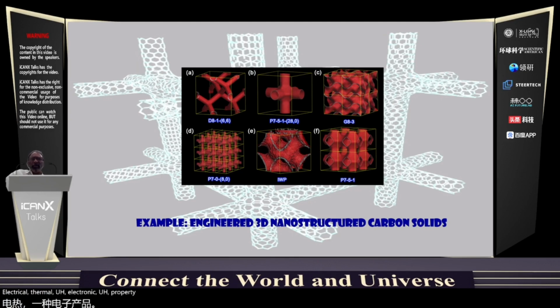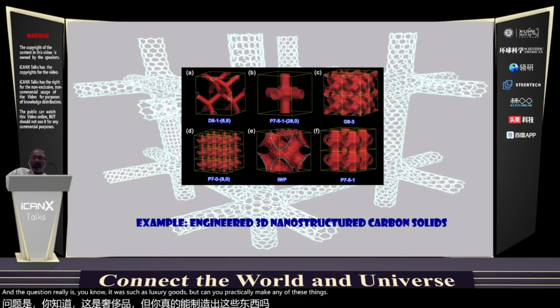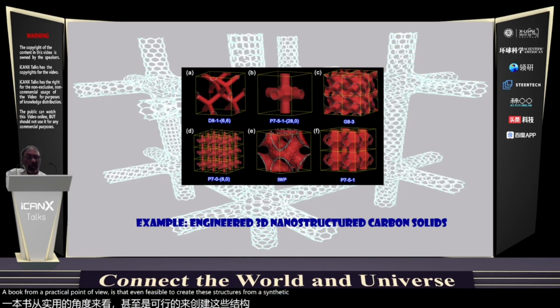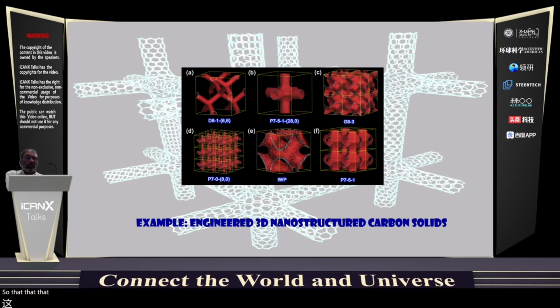Some of them are very conducting, some of them are semiconducting. And the question really is, predicted structures look very good, but can you practically make any of these things? These could be perhaps the next generation of carbon materials that we want to build. But from a practical point of view, is it even feasible to create these structures from a synthetic point of view?